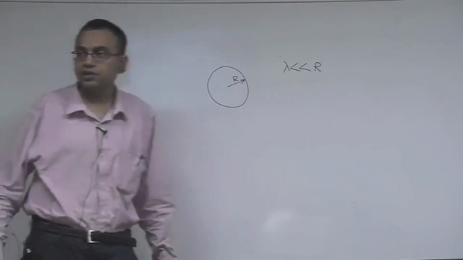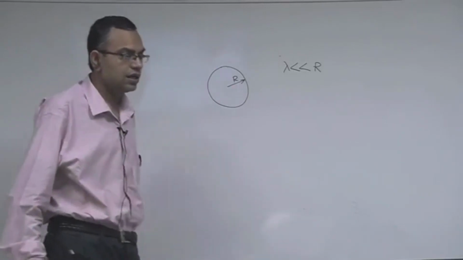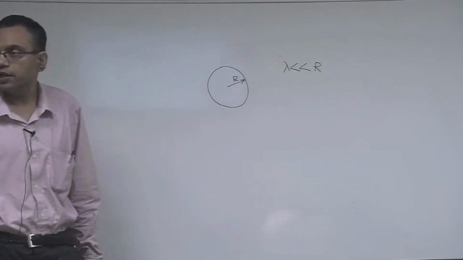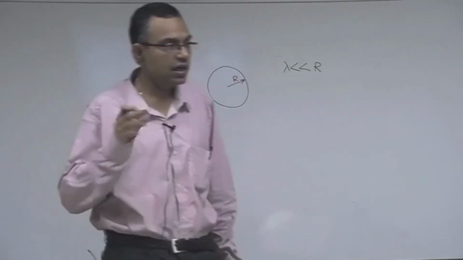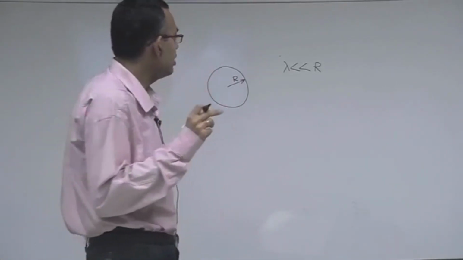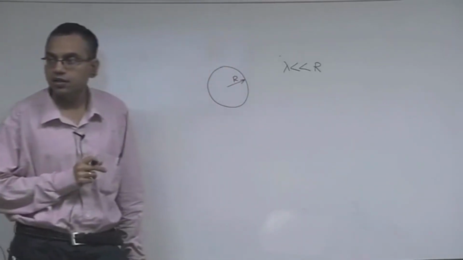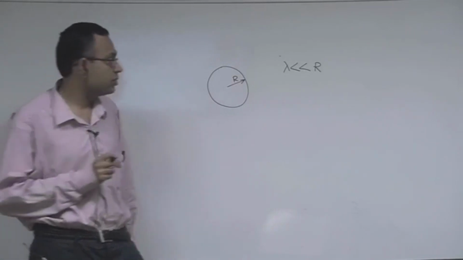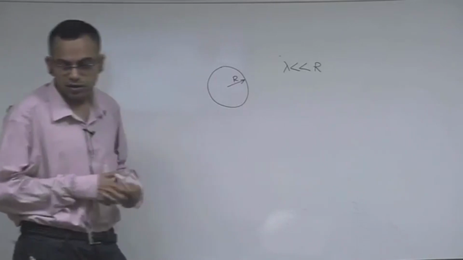When lambda is much less than r, the curvature of the particle cannot be neglected, because the radius of the particle is significantly large compared to the characteristic electrical double layer thickness. So, you cannot neglect the curvature of the particle.